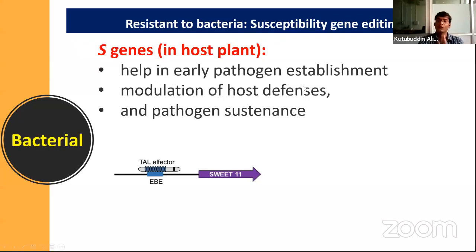They are present in the host plant, but they help the pathogen establish itself. They can also modulate the host defenses, meaning they can reduce the host defense, and they can help pathogen sustenance. As I have given you as an example, the SWEET11 gene helps bacterial pathogens sustain themselves by providing more food to them. That's an example of a susceptibility gene that I have already given you.